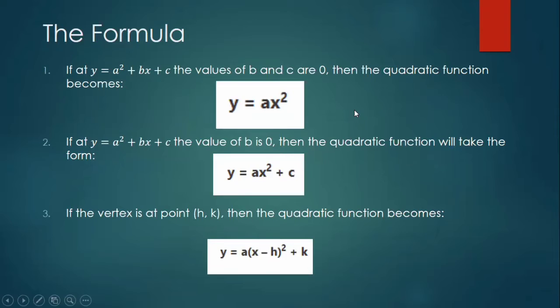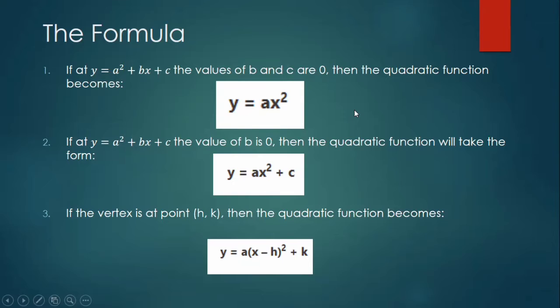And then this is the formula of quadratic function. Number 1, if in y = ax^2 + bx + c the values of b and c are 0, then the quadratic function becomes y = a times x^2.